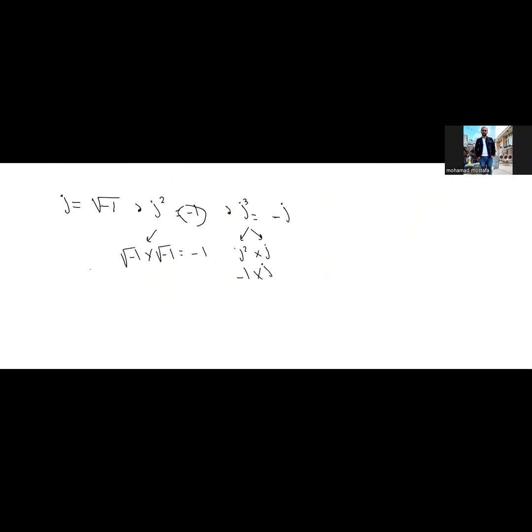If I say i power 4, it means i power 2 times i power 2, which is -1 times -1. Very good, equals 1. I want only the first four powers of i: i equals root -1, i power 2 equals -1, i power 3 equals -i, and i power 4 equals 1.